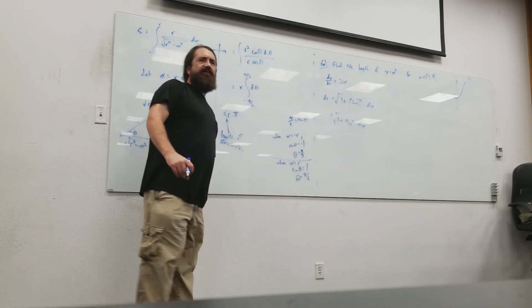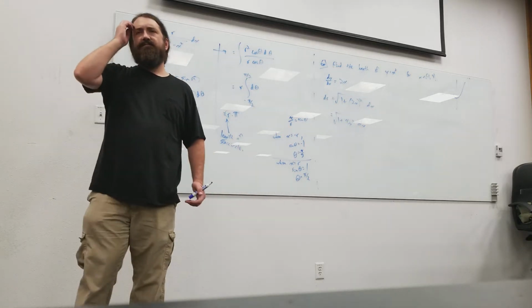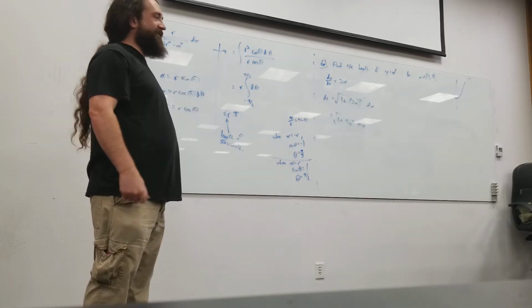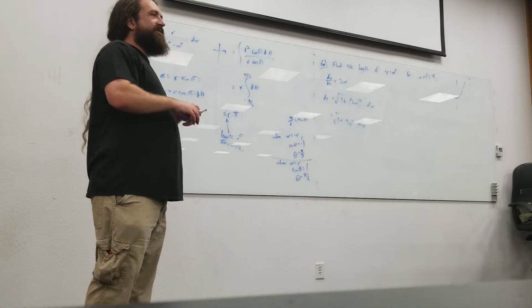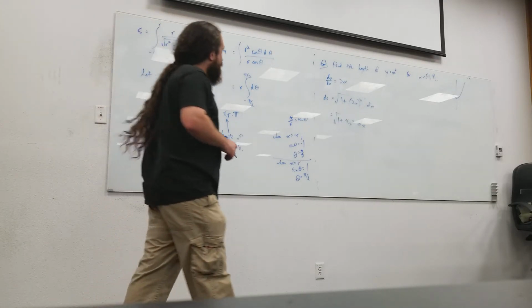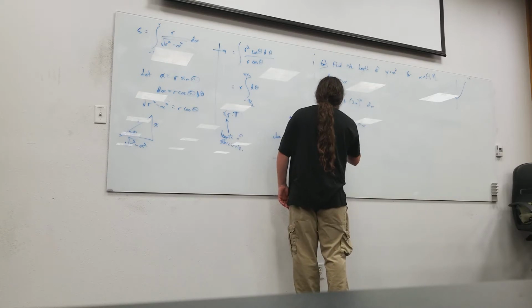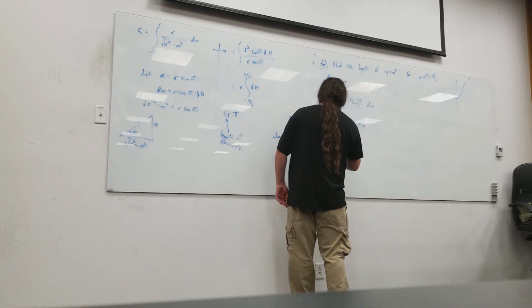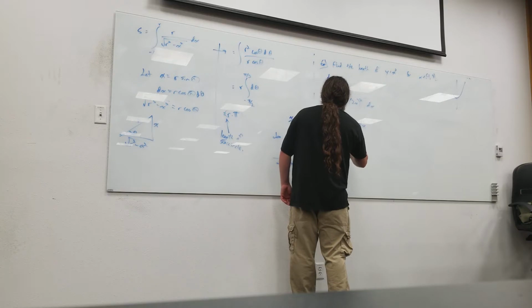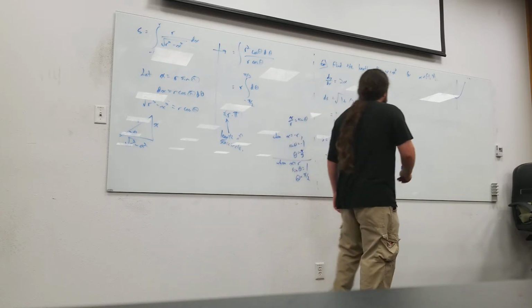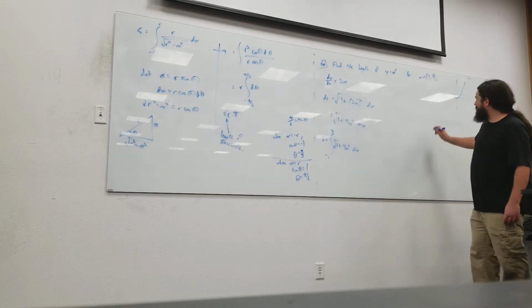Okay, so what kind of thing is this? Another stinking trig sub, right? So this is a place where trig subs do crop up fairly often. So arc length is going to be the integral from negative 1 to 3 of the square root of 1 plus 4x squared dx. What's my substitution here?